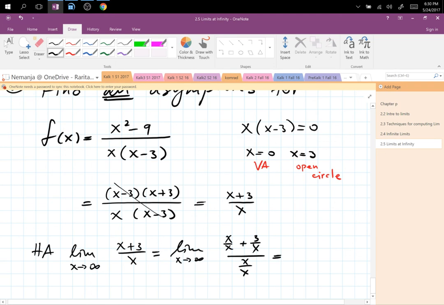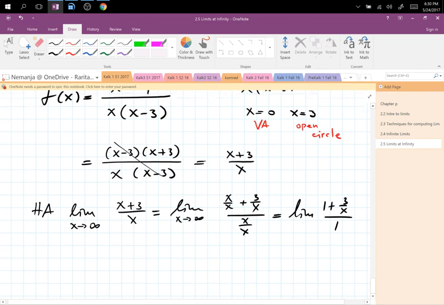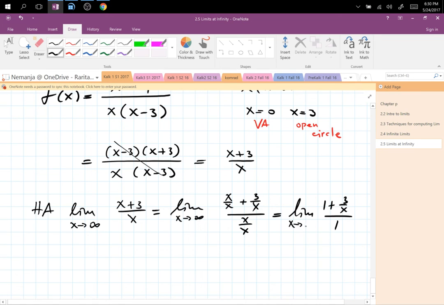I mean, if you know the rule, it's the front coefficients, right? And then this one goes to 0, so we get 1. Since we got the value, we know there is a horizontal asymptote at y equals 1.